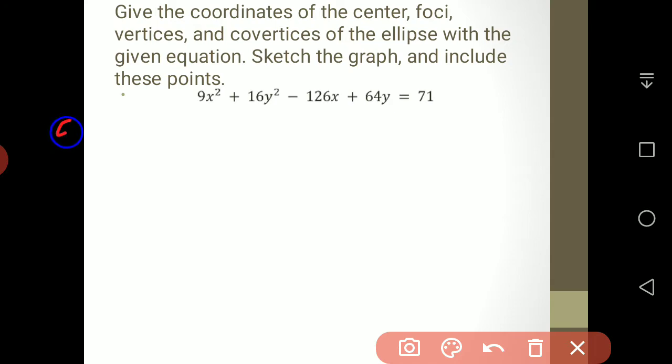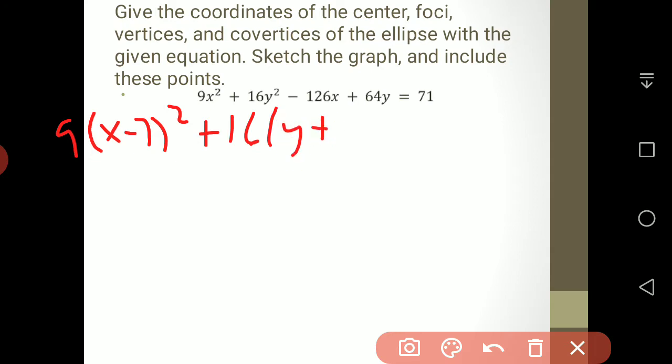So 9 times (x minus 7) squared plus 16 times (y plus 2) squared is equal to 576.